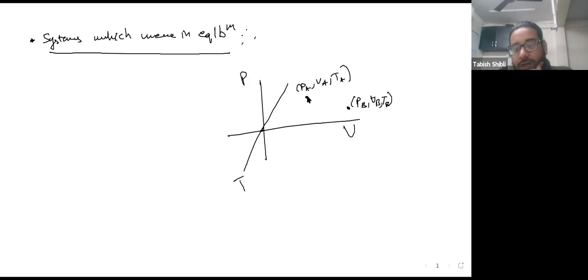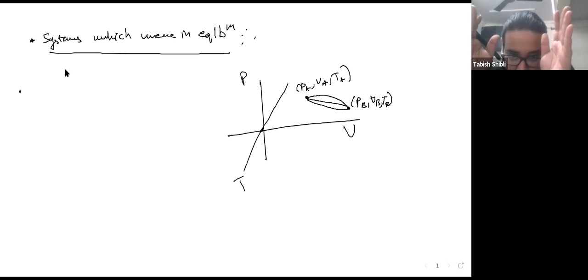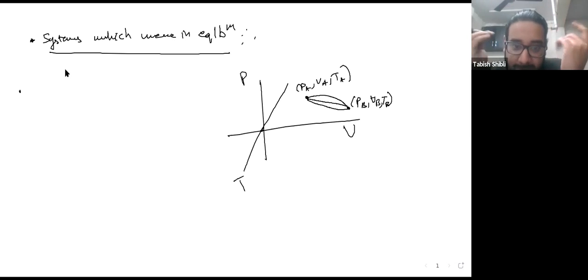It can go along a path which has constant volume, or a path which has constant pressure, or a path that has constant temperature. So that is essentially what we're going to do. We're going to divide the kinds of processes that can happen when it's going from one equilibrium to another equilibrium in such a way that all the states in between are also in equilibrium.